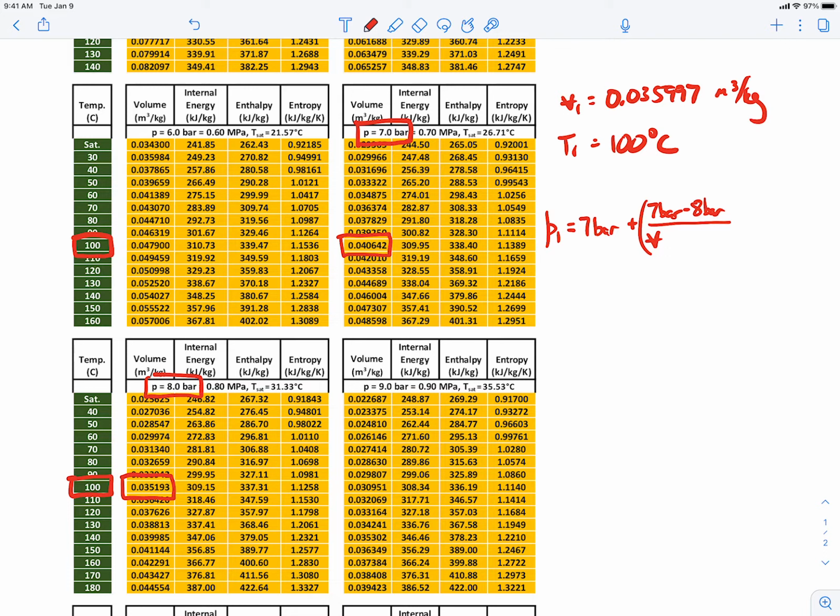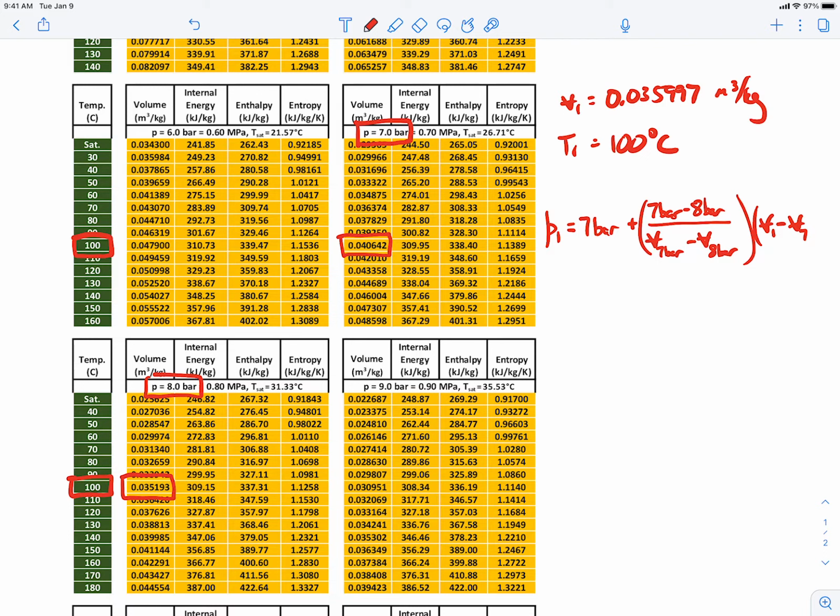So this would be the specific volume at 7 bar minus the specific volume at 8 bar times specific volume at 1 minus the specific volume at 7 bar. I think I've got that correct. Let me just double check.